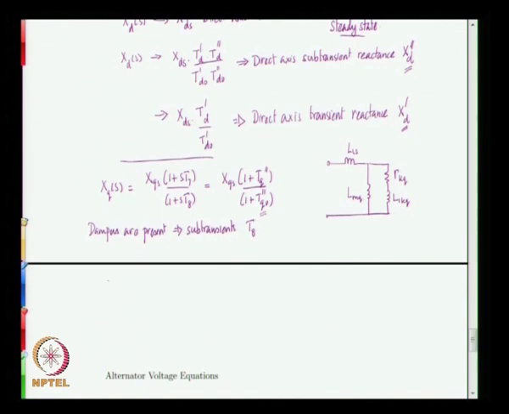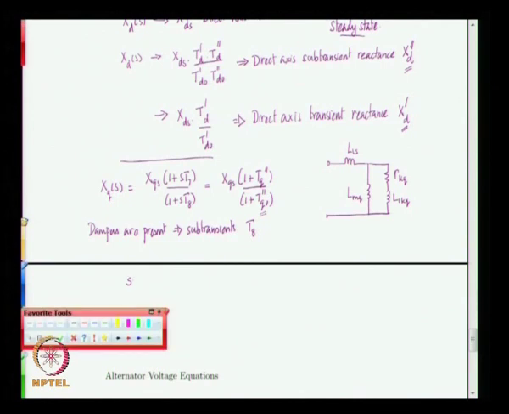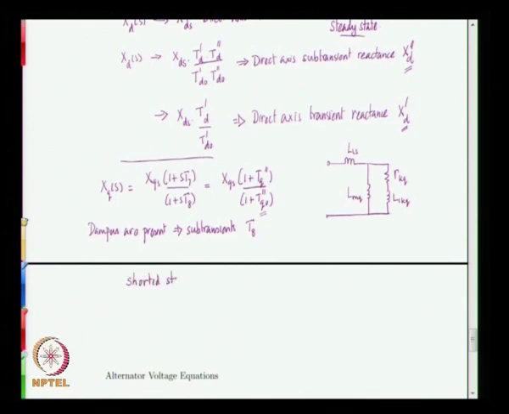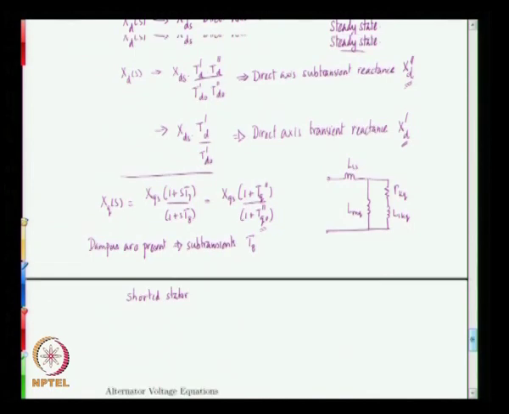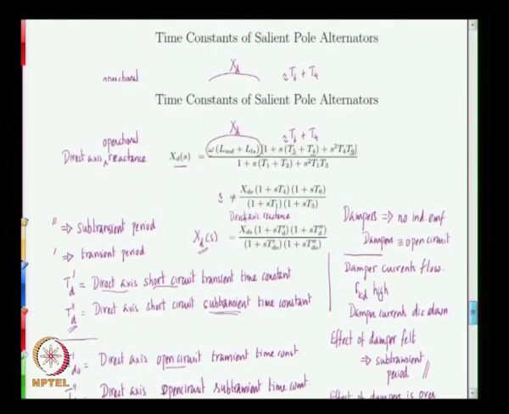If you assume that the stator is shorted, that would then have LLS in parallel with LMQ, that occurring in series with LLKQ, and that is really the term that you had here. This we have already seen.